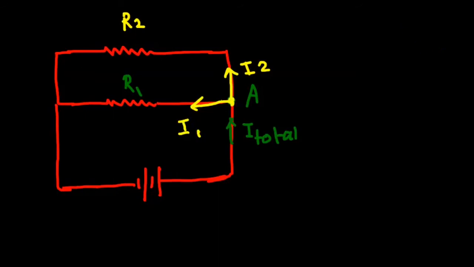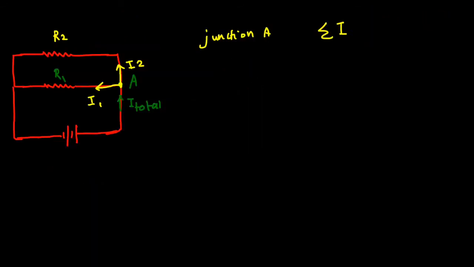So if I talk about junction A, we know sigma I should be equal 0. It means I in should be equal I out. I in is I total here. So I put it as positive, and as you can see, I1 and I2 leaving the junction. So I put minus I1 minus I2 equal 0.